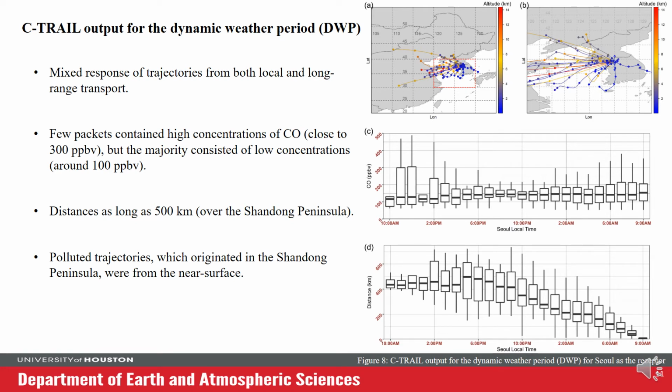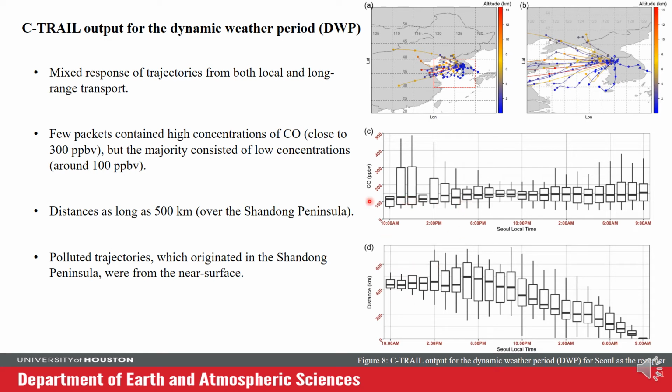For example, here for the dynamic weather period, we saw a mixed response of trajectories from both local and also long-range transport. And for example, for this hour, we saw that a few packets contained high concentration of CO, close to 300 ppb, but the majority of them were around low concentrations, around 100 ppb.